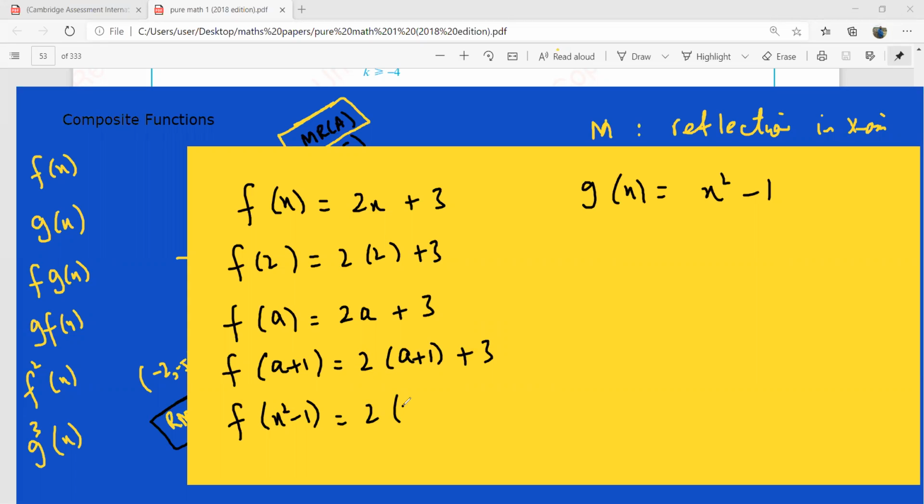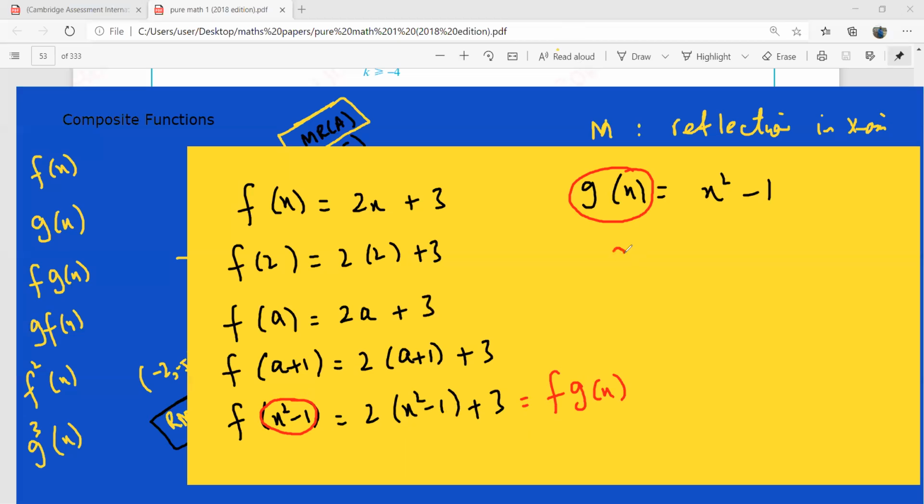This is going to be 2 into x squared minus 1 plus 3. Now this x squared minus 1 is basically your g of x. So when you write it like this, you are writing fg of x. This is your fg of x. Is it clear?